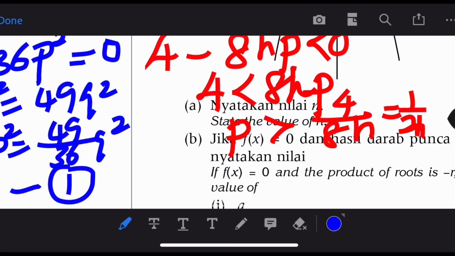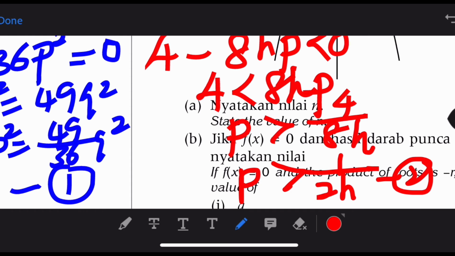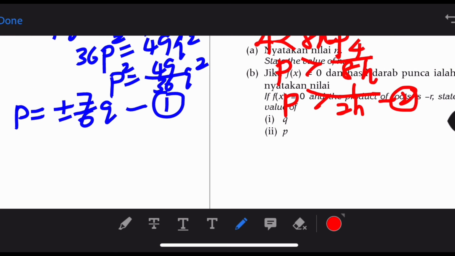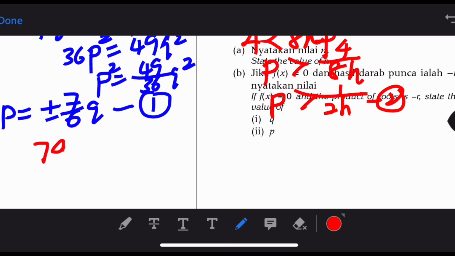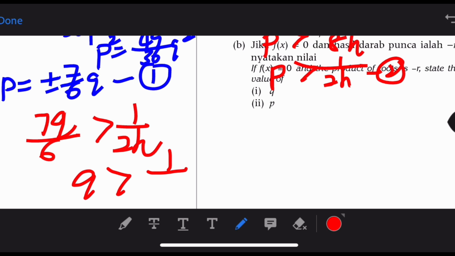That means p is more than 4 over 8h, or 1 over 2h. Okay, let's write it properly. 4 over 8h, that means p more than 1 over 2h. This is number 2. Now we need to solve the two inequalities because we have one positive, one negative that bring trouble to us. Let's say we use the positive one: 7q over 6 is more than 1 over 2h. So in this case, q will be more than 1 over 2h times 6 over 7.